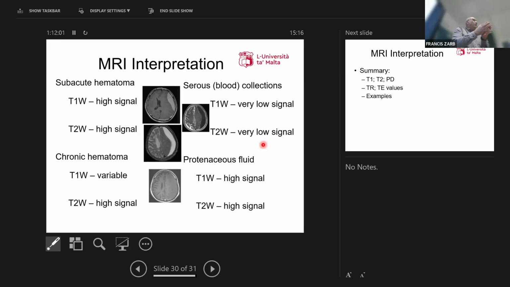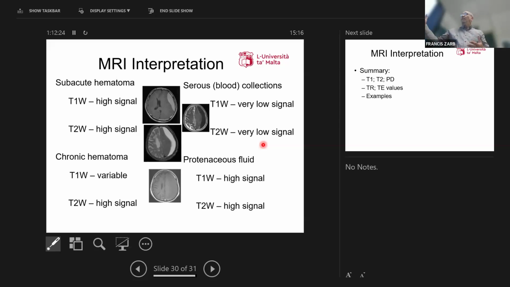No, to come up with a differential diagnosis, you need to be familiar with how normal anatomy is presented and how abnormalities are presented in order to come up with a differential diagnosis.